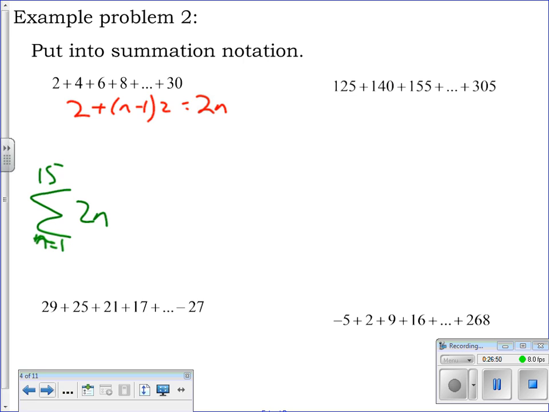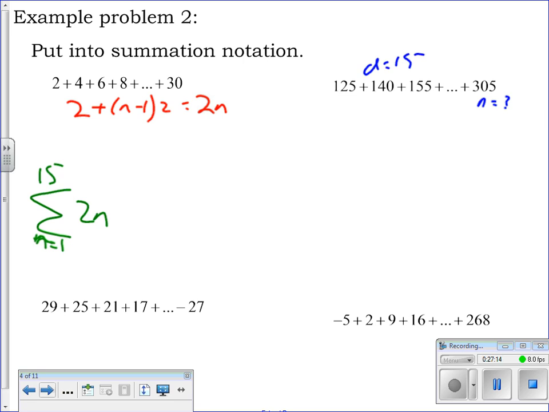Okay. So I have to figure out what my formula is. I have to figure out what my term number 305 is. What is N for that? I got to figure that out as well. So I need to know D. How do I get from 125 to 140? I'm adding what? 15? All right, D is 15.